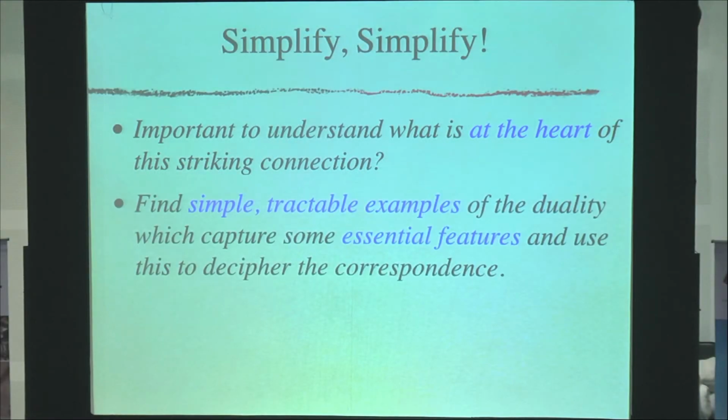In such a situation, one time-tested strategy in physics is to find simple, tractable examples which capture some of the essential features, maybe throwing away a lot of features, but capturing in some ways the core, and using the transparency of these examples to try to decipher this correspondence. And that's what I'll focus on in this talk. I'll give a broad brush sketch of one such example and what we learn from it.